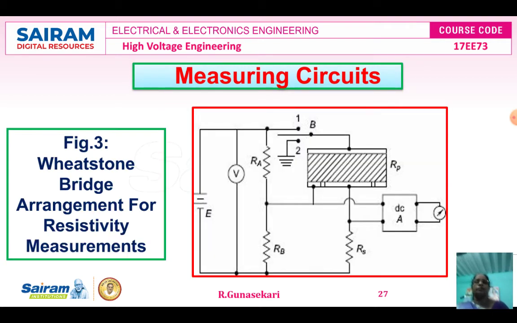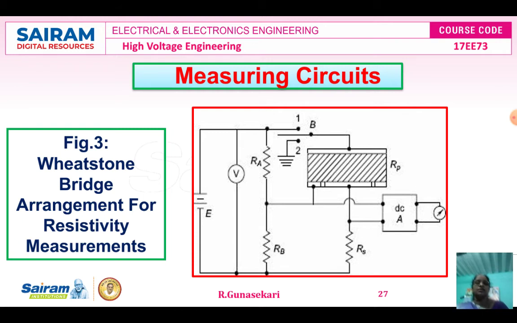Another type of measuring circuit. This is the Wheatstone bridge arrangement combined with the galvanometer, which is used for resistivity measurements. This circuit also consists of the DC stabilized power supply, capital E, with a range of 500 to 2000 volts, and the voltmeter which is used for measuring the supply voltage.